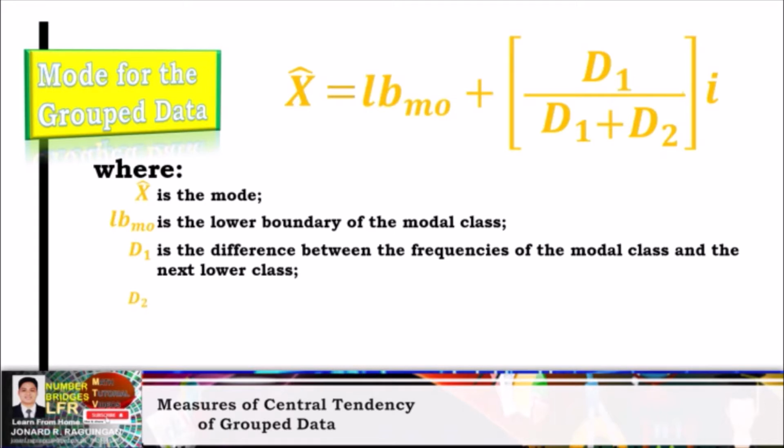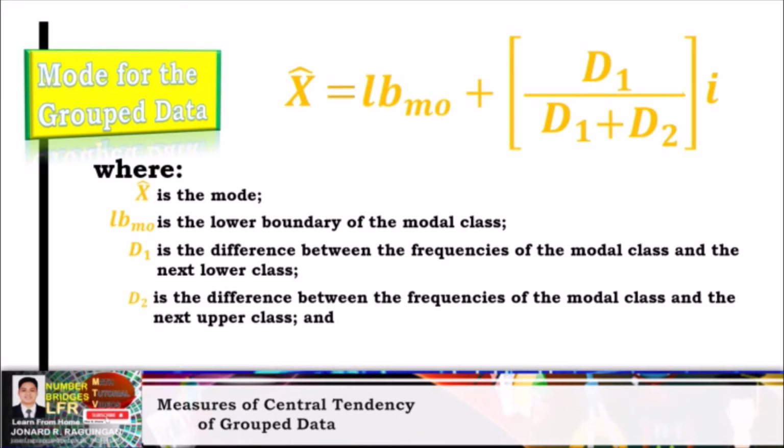D sub 2 is the difference between the frequencies of the modal class and the next upper class. And i represents the class interval.